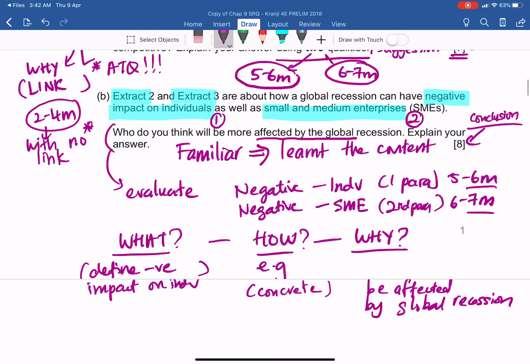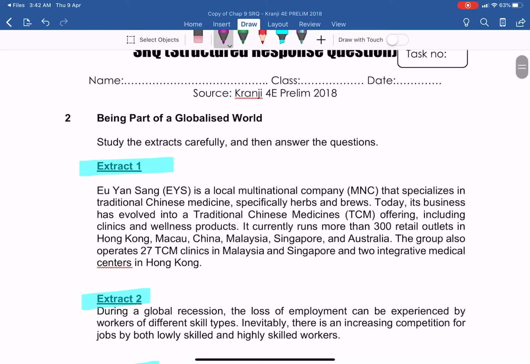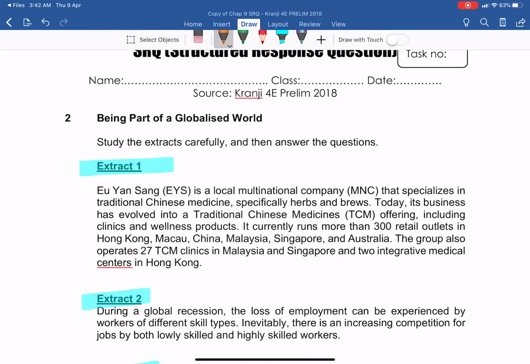Alright, so let's go back to the content per se of extract 1. Yu Yan Sheng, I hope I'm pronouncing correctly, is a local multinational company that specializes in traditional Chinese medicine. So you can underline and highlight this. And they are specializing in herbs and brews. But this is the one that is important, the very fact that it has evolved TCM.